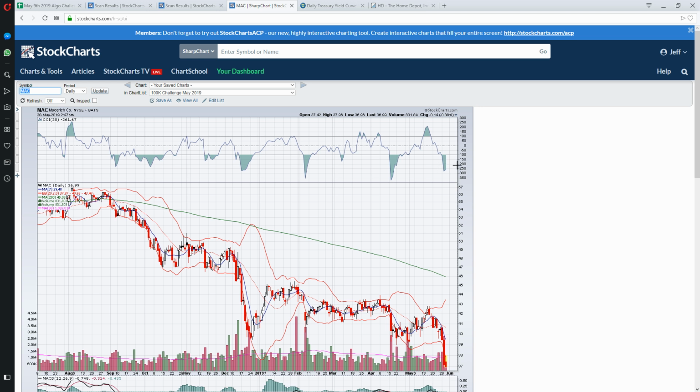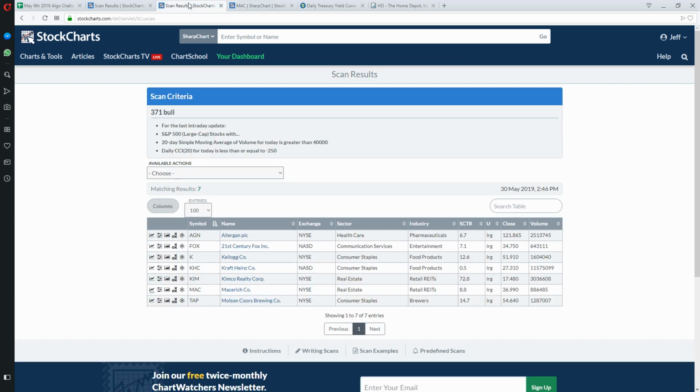You can see that's a big dip in the CCI on Macerich. Now, Macerich isn't the type of stock I would buy based on a very low CCI. A lot of times after its CCI gets overcooked, you see the stock flatten out, and that's not what I want to see.